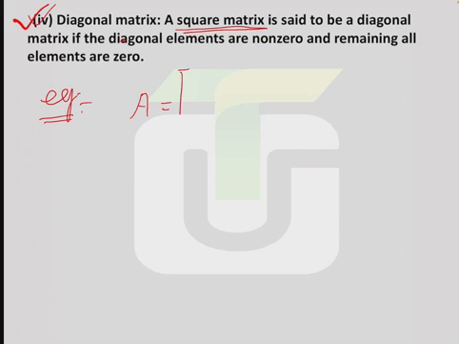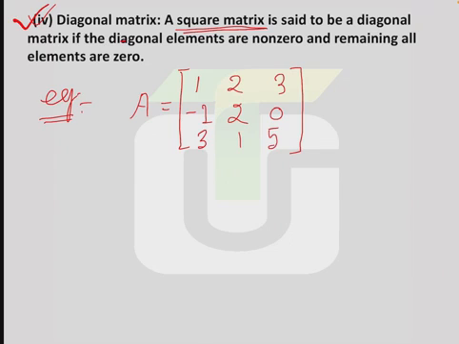So for example, see. Suppose A is equal to 1, 2, 3, minus 1, 2, 0, 3, 1, 5. Okay.